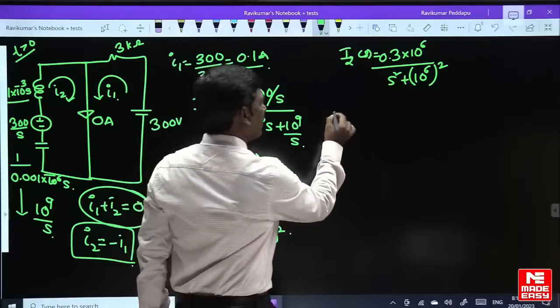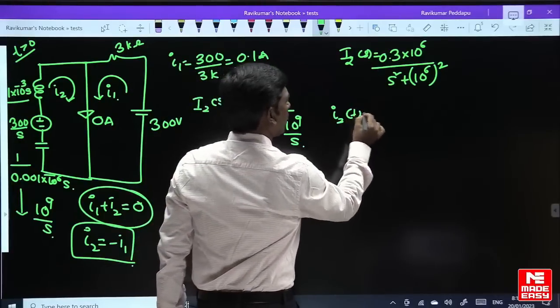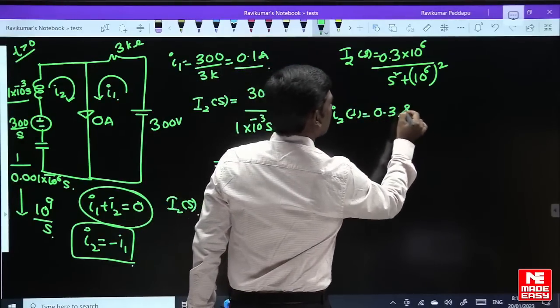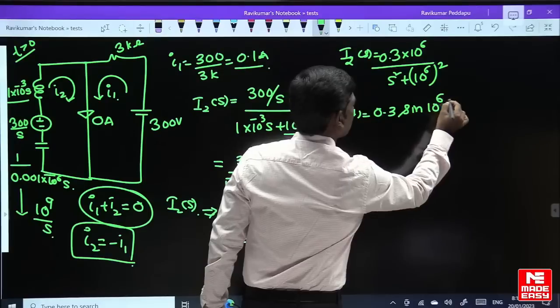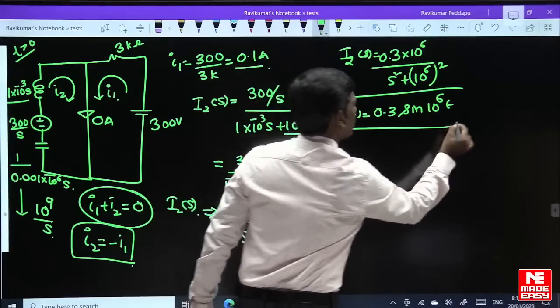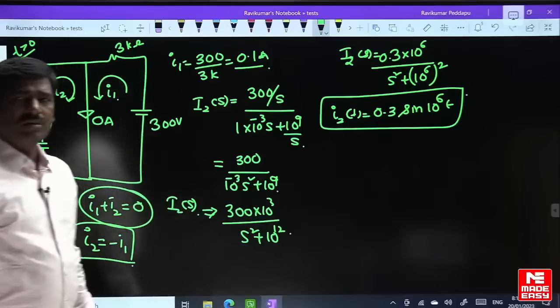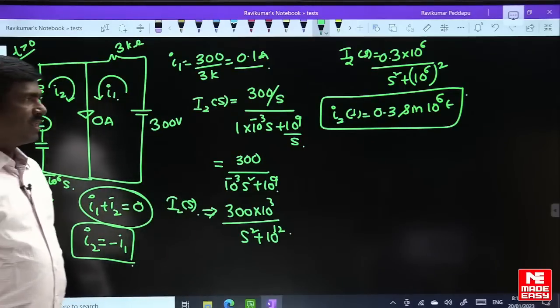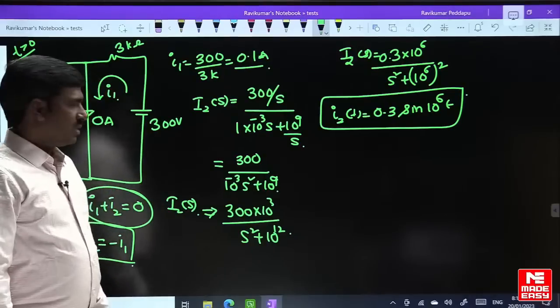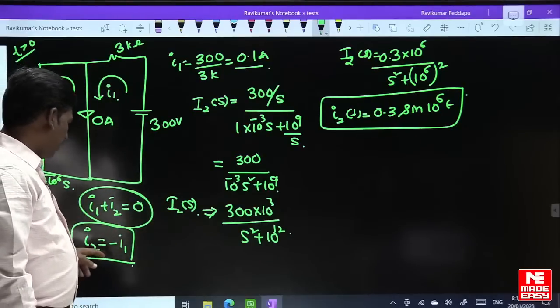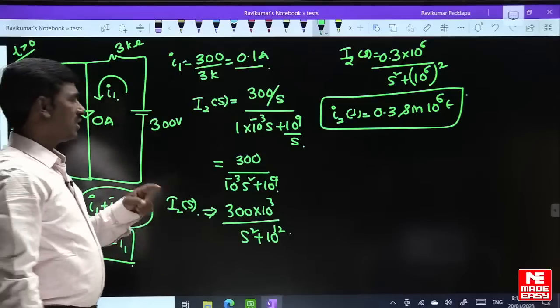So what is I2 of t equal to? I2 of t is equal to 0.3 sine 10 to the power of 6 t in time domain. This value is equal to I2 is equal to minus I1. Minus I1 is minus 0.1.